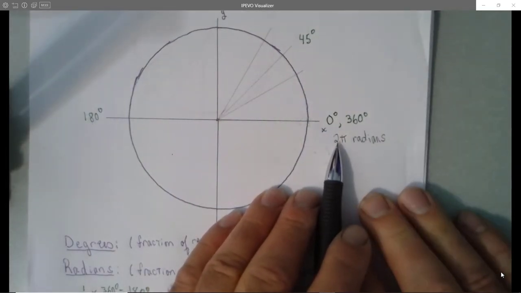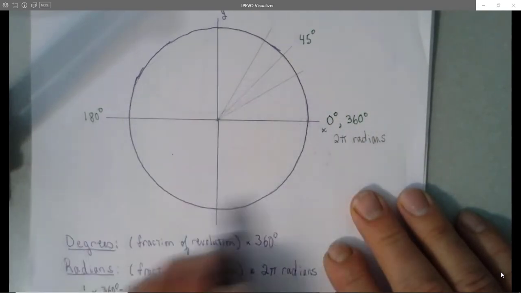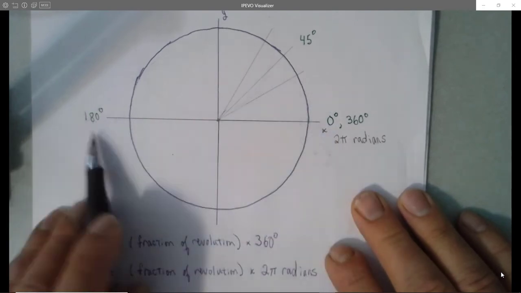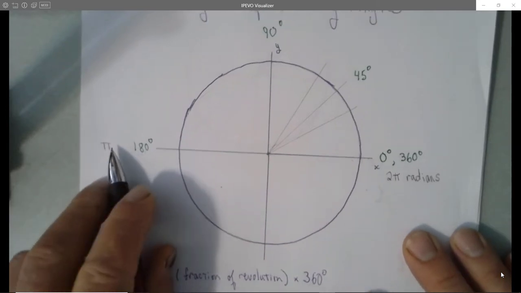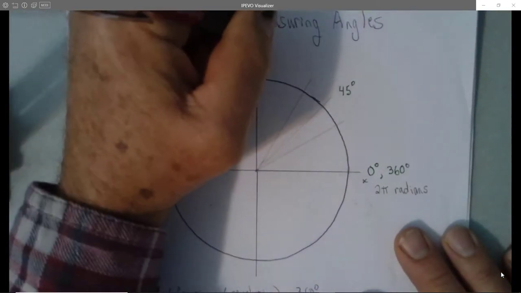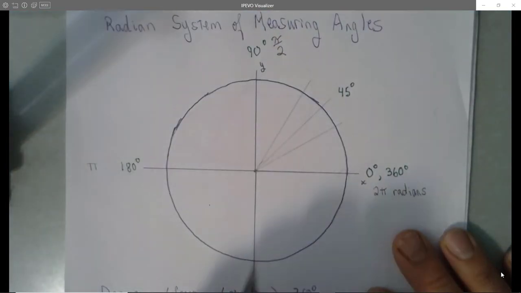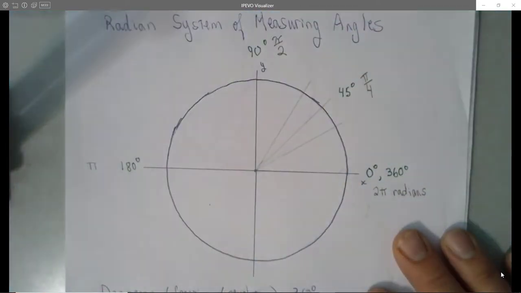We consider the angle to have a measure with no units, so we just say all the way around is 2 pi. Then, halfway around would be pi radians. Half of that would be pi over 2 radians, and half of that would be pi over 4 radians.